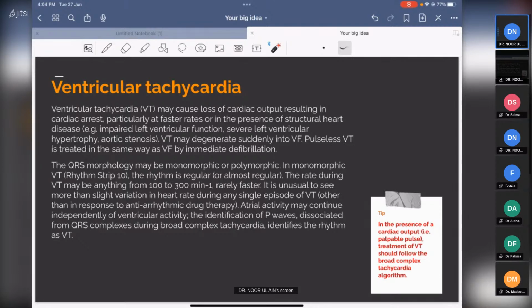What else? So when you're having a ventricular tachycardia, would you expect to see atrial activity? A person with ventricular tachycardia, can they have atrial activity? Yes, of course. They will have atrial activity, wonderful.